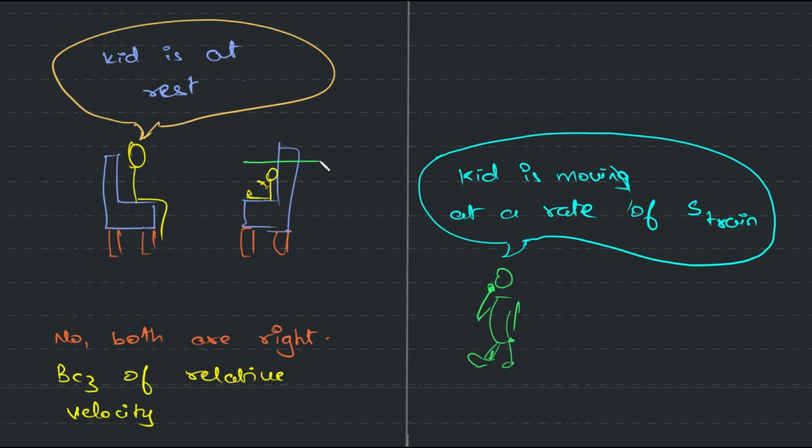If this kid is moving at a velocity which is equal to that of the train, this person also is moving at a speed which is equal to that of the train. Because they have the same speed, it will cancel out and the person will look at the kid as if the kid is at rest. They can have that comfort.